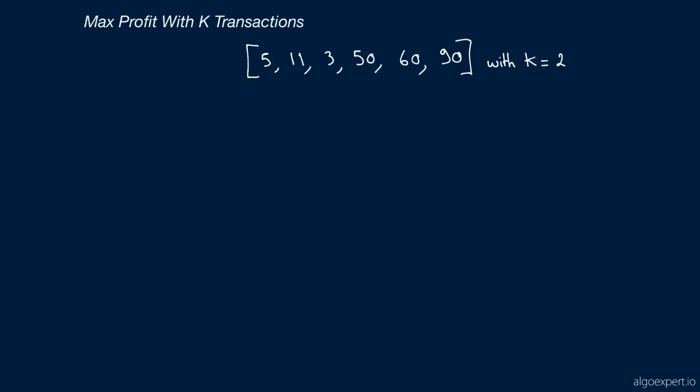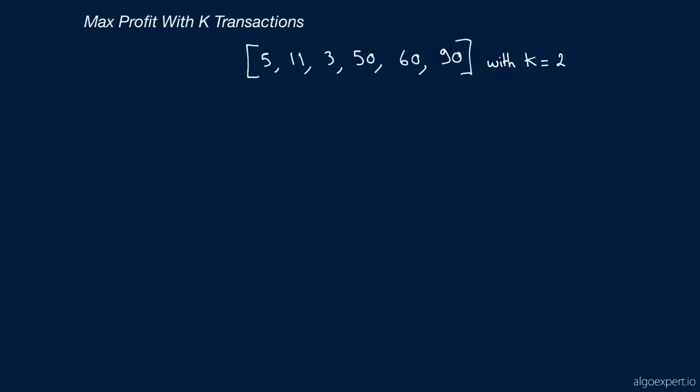So for instance, let's assume that Algo Expert were a publicly traded company. These numbers here in this array would represent the price of one share of Algo Expert stock on different days. So let's say on day 1, one Algo Expert share would be worth $5. On day 2, it would be $11. Day 3, $3, and so on and so forth.